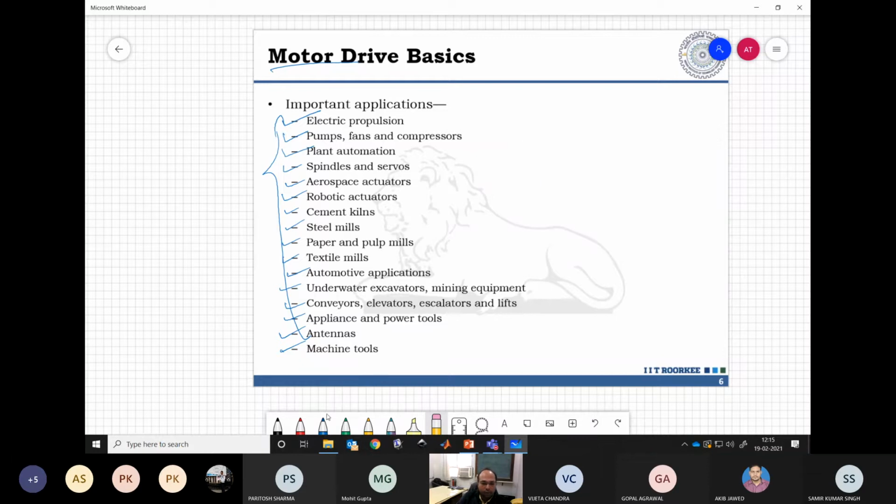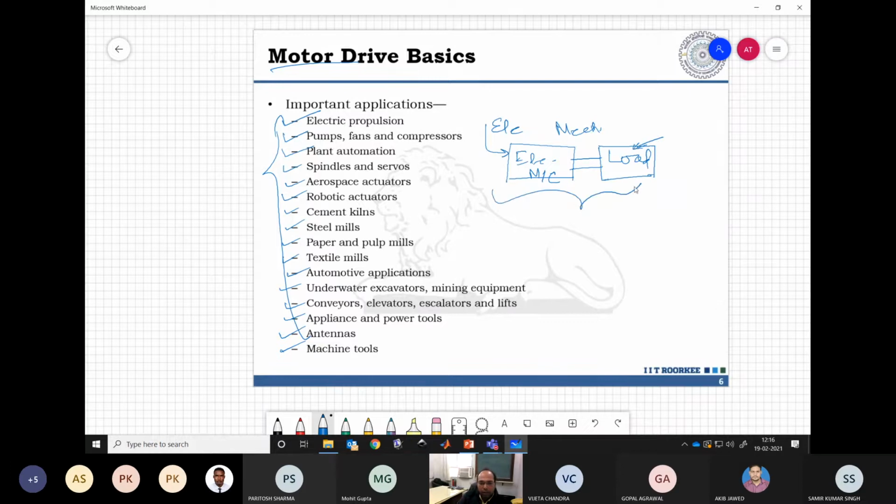So when we say motor drives, what do we basically understand by that? Certainly we have an electric motor which is attached to some mechanical load. Electric motors convert electrical energy to mechanical energy, and this mechanical energy gets fed to the load.